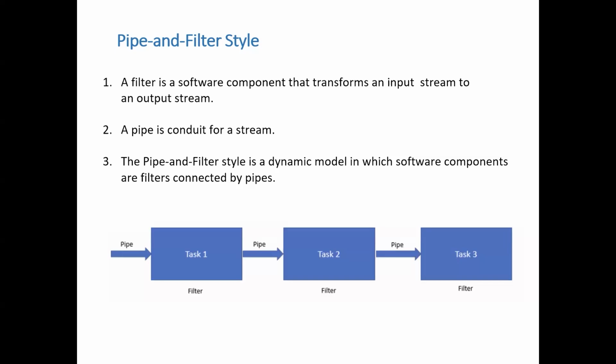You can rearrange them, replace one with a new version, or chain together different ones to build flexible processing pipelines. This model is especially common in things like compiler design, data processing tools, or even Unix command line programs. It's all about a streamlined data flow through independent processing stages.